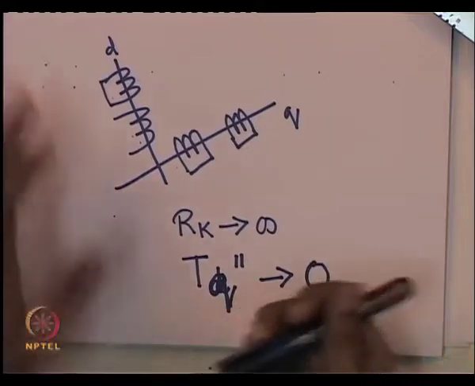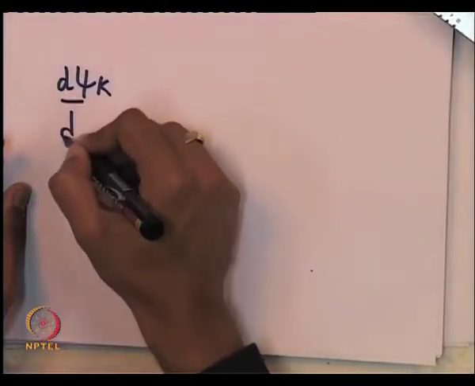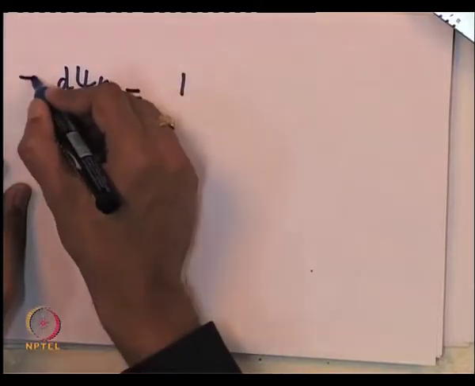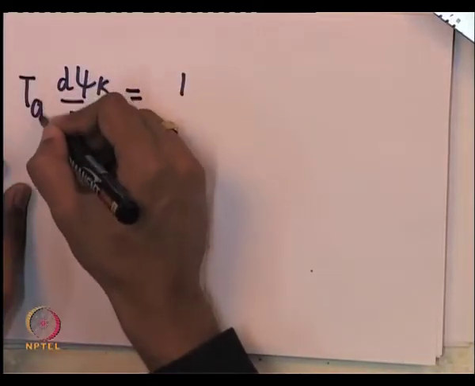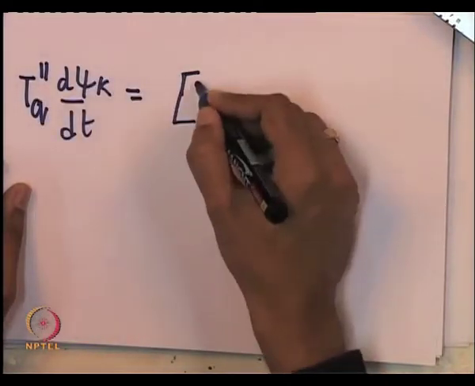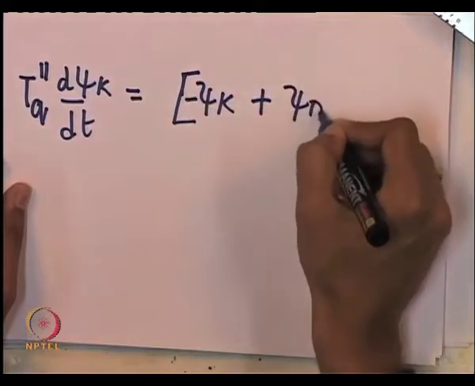Now, if you do that, what happens? If you look at the basic equation, you can write this as T q double dash d psi k by dt equal to minus psi k plus psi d.